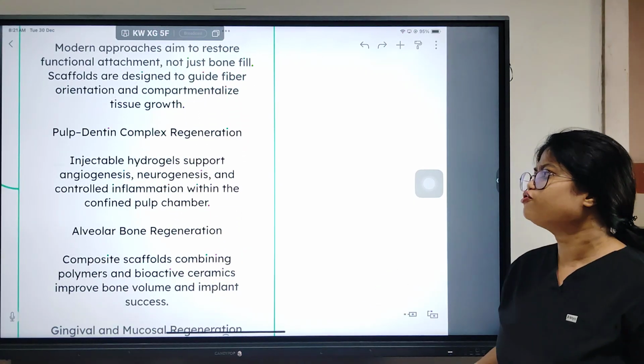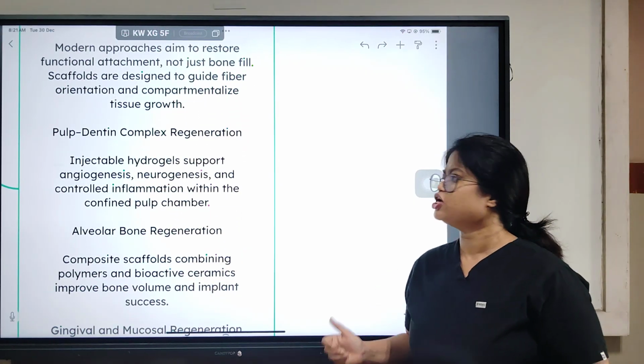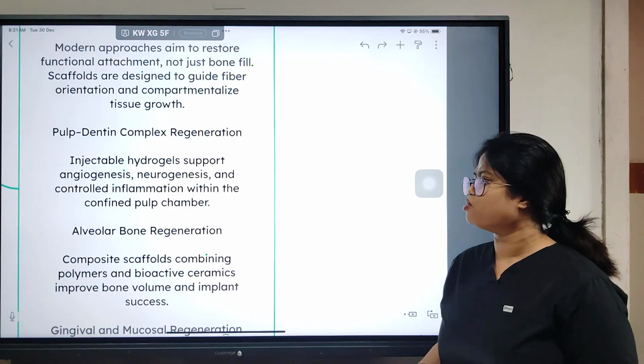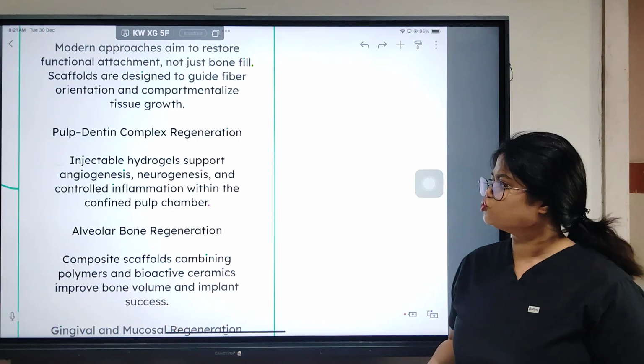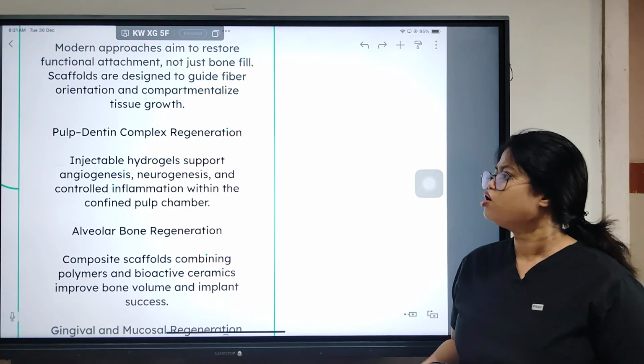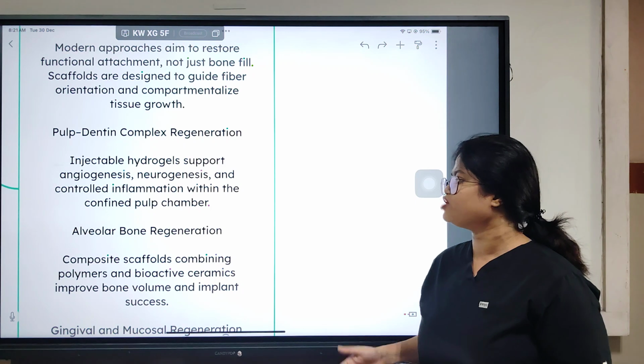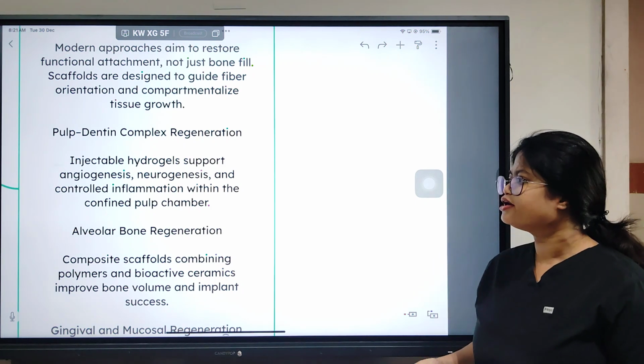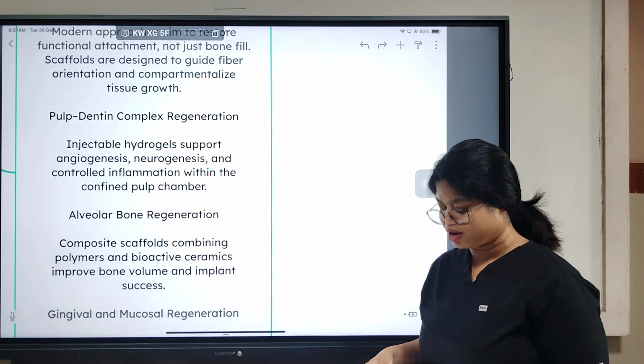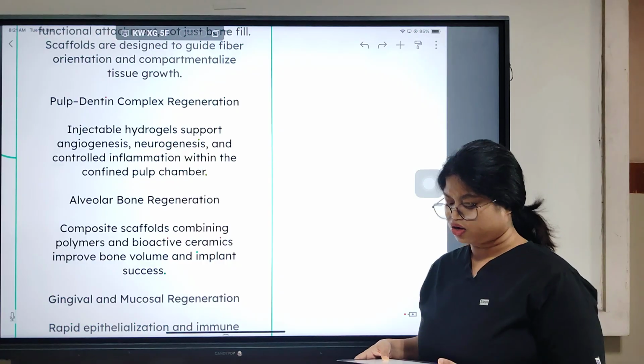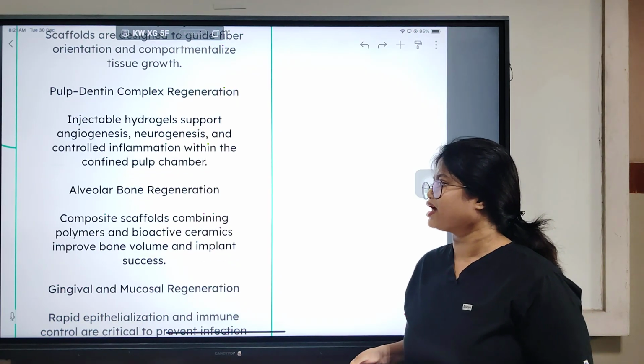For the regeneration of the pulp dentin complex, injectable hydrogels, as I talked about, not only support angiogenesis and neurogenesis, but also control the inflammatory phases, the M2 and M1 phases, within the confined pulp chamber and help in proper tissue healing mechanisms.